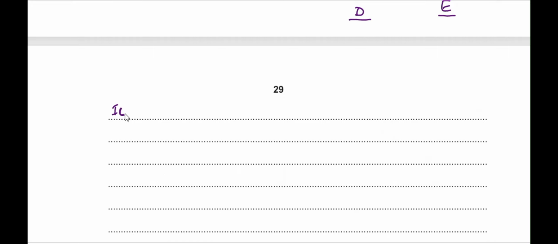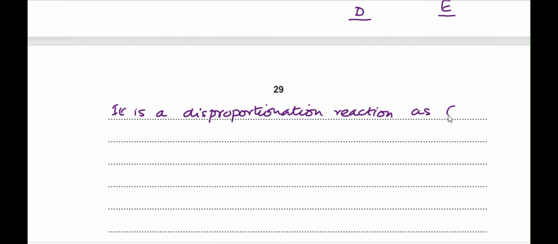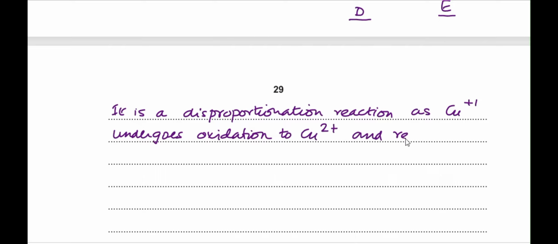Hence we can write it is a disproportionation reaction as Cu +1 undergoes oxidation to Cu2 positive and reduction to Cu0.